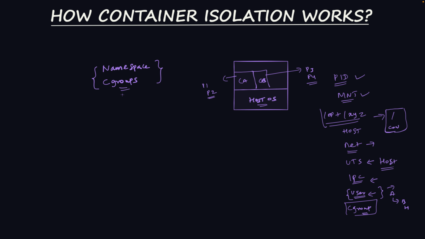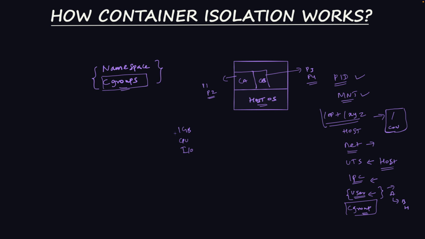And this is enabled using this Linux primitive called cgroup. With cgroup, when a container is starting, we can say that this container can only use say 1 GB of memory, and it can only use this many CPUs, and it can only access these many or these types of IO devices.